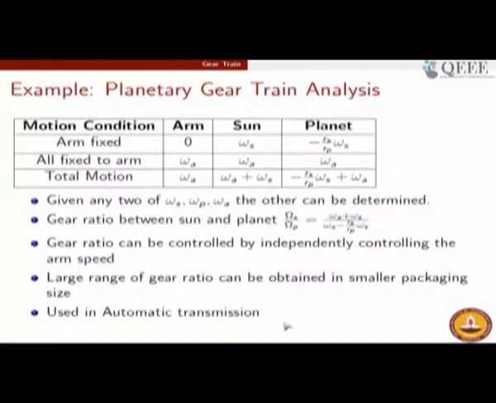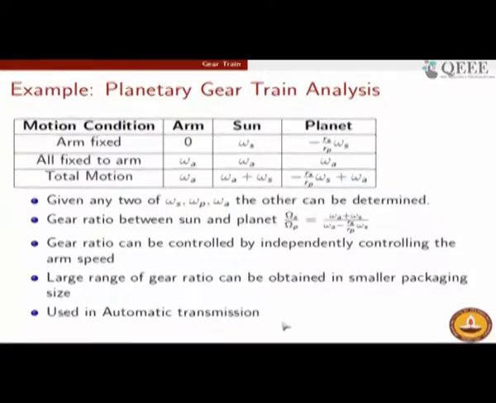Another very nice application of this planetary gear train is that, as you realize, it's a 2 degree of freedom system, so at times you will need to achieve two outputs from a single input, and this can be achieved from a planetary gear train. In fact, that is what happens in the differential of the car.